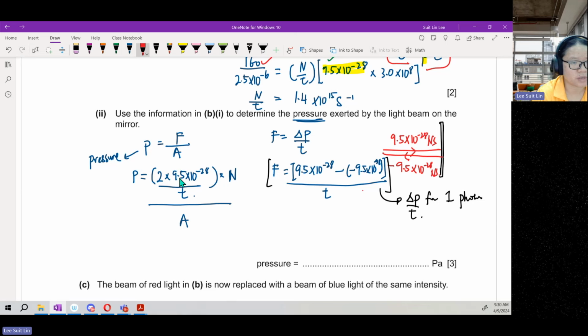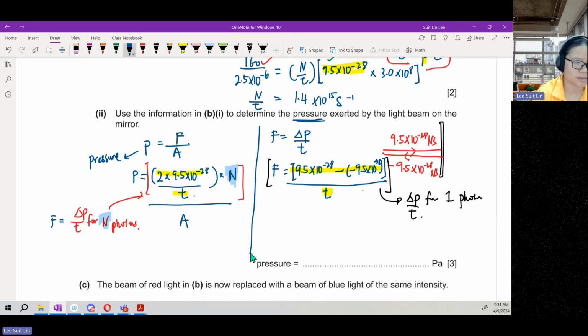So this is change in momentum over time for n photons. Okay, this one over t, this one over t, n photons. So the total force, because you have many photons. Of course, you can put everything together, but you can also do it separately. Time to throw stuff inside the equation.